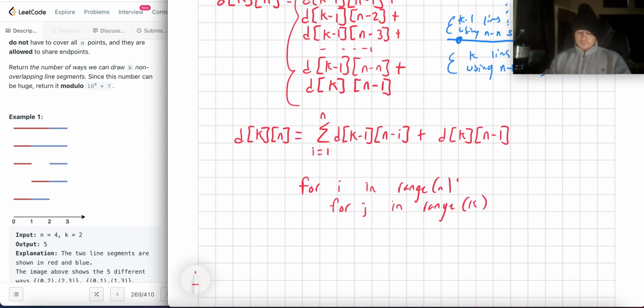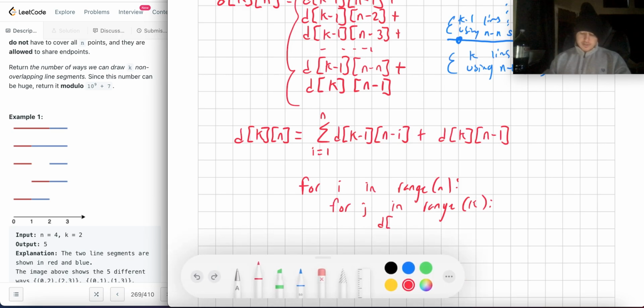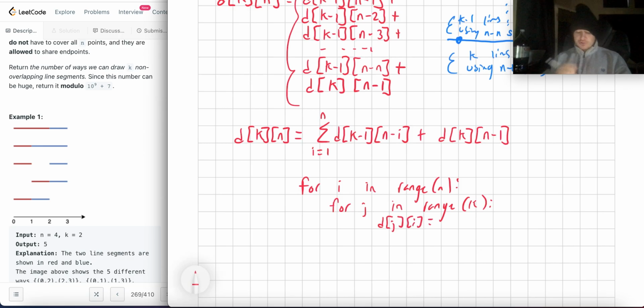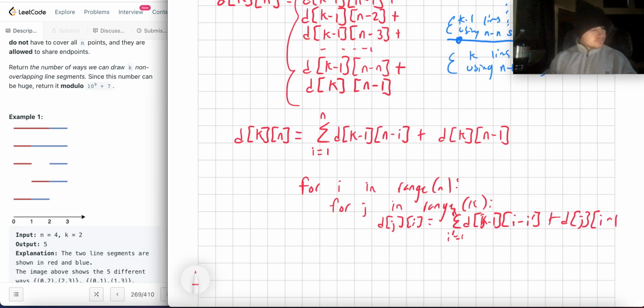So we could populate this system, d of j i, equals the sum of i prime equals 1 all the way up to i of d of j minus 1, d of i minus i prime, plus d of j, d of i minus 1.